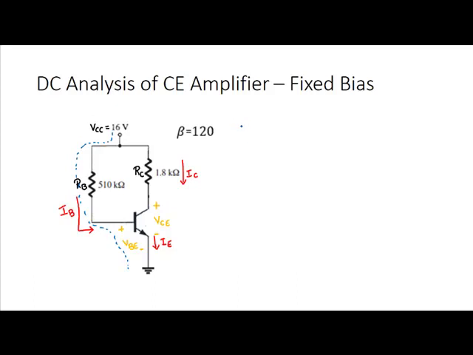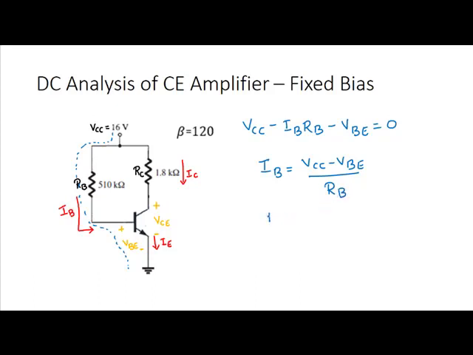We get the KVL expression as follows: VCC minus IBRB minus VBE is equal to 0. I'll rearrange the terms to find out the base current IB. So IB is given by VCC minus VBE divided by RB. So this is the expression to find out the base current IB.